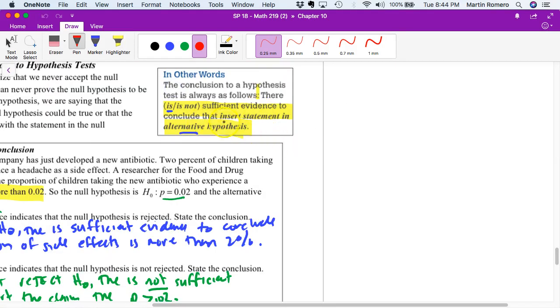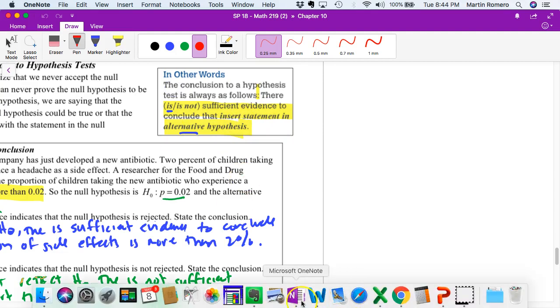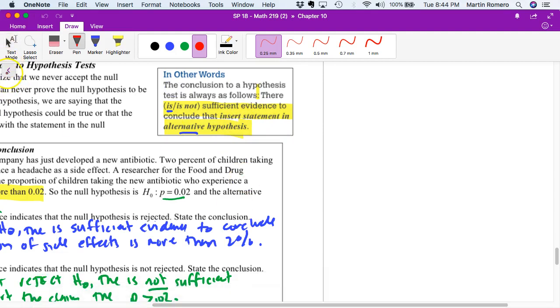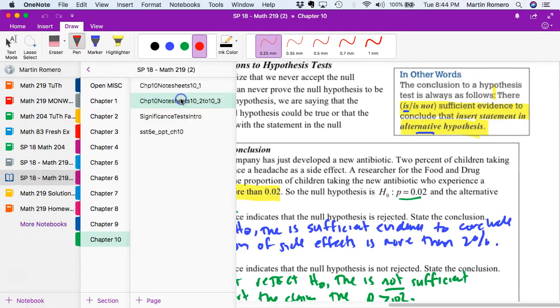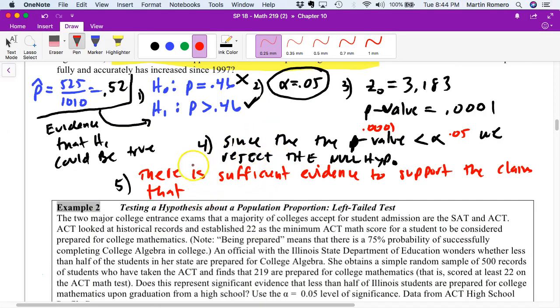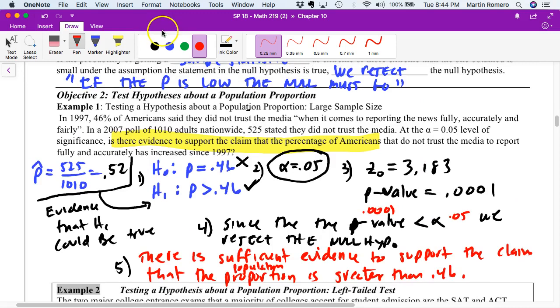To support the claim that the population proportion is greater than 0.46, right? That the population has been increasing. So that would be our conclusion.